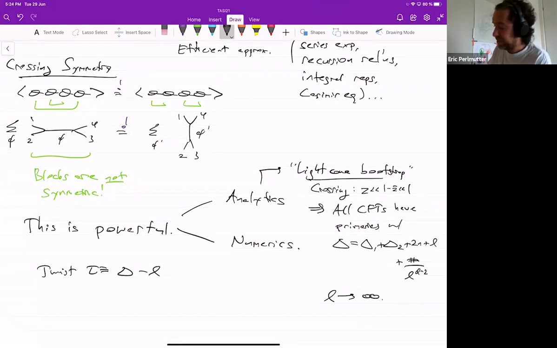And in 2 dimensions, the holomorphic stress tensor and any of its composites have 0 twist. And so there is no gap between the vacuum and the next operator. But in d dimensions, the stress tensor has twist d minus 2. And indeed, this d minus 2 over here is this d minus 2 over here. Okay.